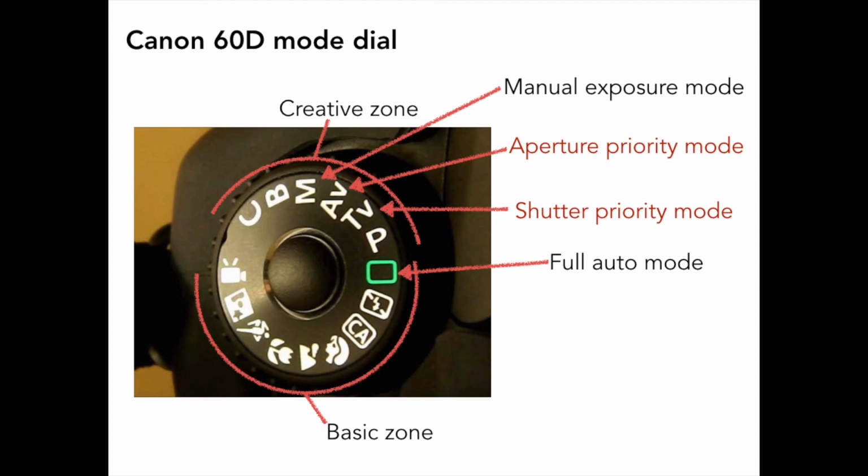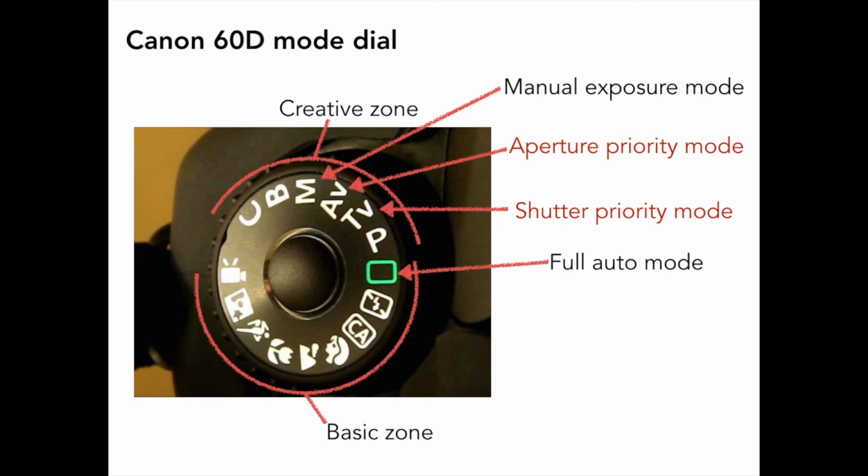So if you are shooting the mountains and you know you want all of it in focus, maybe you'll set it to aperture priority mode and let the camera figure out the shutter speed, so that you're getting as much in focus as possible without having to manipulate quite as many settings. Or if you're photographing a bicycle race and you know you want the riders captured pretty still, maybe you'll set shutter priority mode with a very fast shutter and have the camera figure out the aperture.